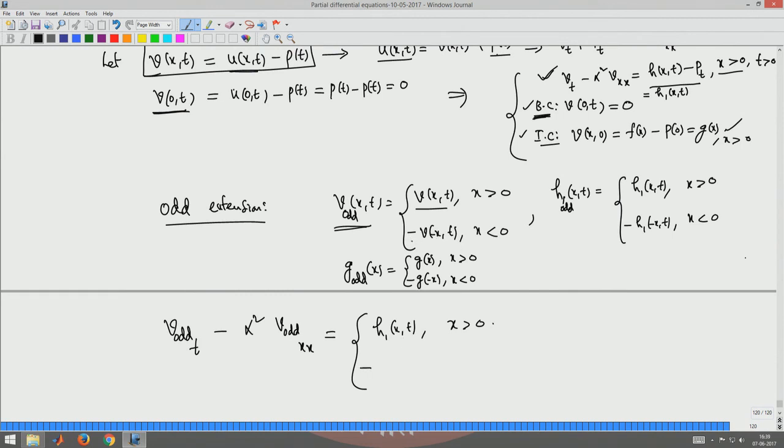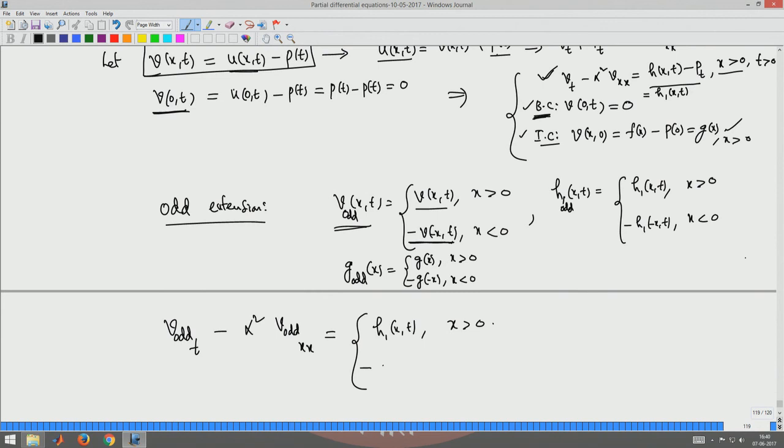If you simply substitute this into v t minus alpha square v x x, for this function you calculate the time derivative and two x derivatives. What you see is that a minus is common, and you get minus h1, with minus x in the place of x.